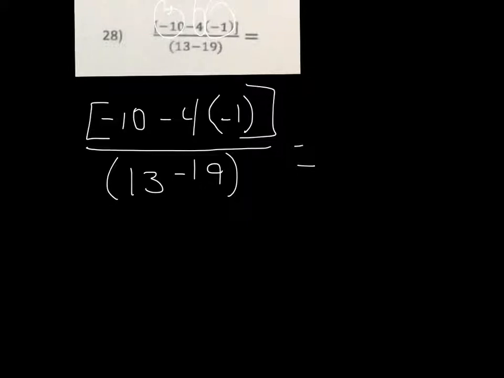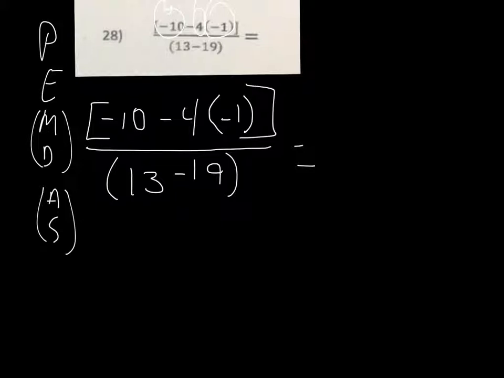Okay, negative 10 minus 4 times 1. PEMDAS says we do parentheses first. Well, this whole thing is in parentheses, right? So then the next thing to do is look for exponents. Do we have any? No. So then our next step is to do any multiplication and division. Do we have any? Yes. Right here.